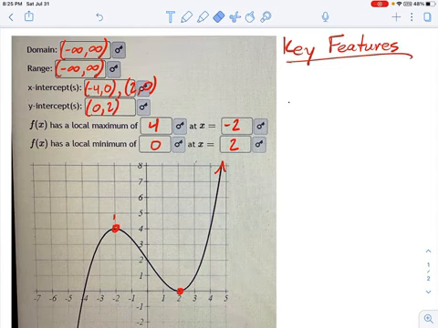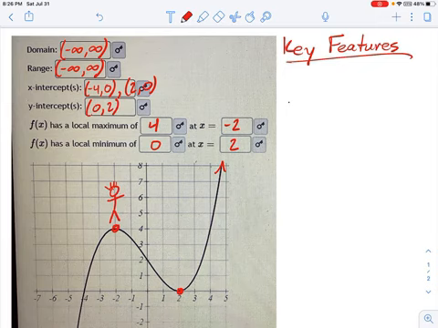Now, the other thing is, you may start second-guessing yourself and think, oh, wait a minute, look at this. That right there is a value of 5, and that's bigger than my local max. So is it really a local max? Well, the answer is yes. The reason it's a local max is because if you are a little dude standing on that hill, you look left, you look right, you're higher than everything else.